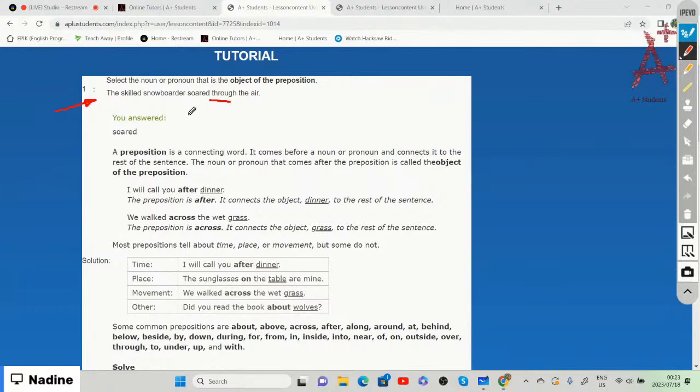And we said that usually the noun or pronoun comes after the preposition. And that noun or pronoun that comes after the preposition, we call that the object of the preposition. So if we were to select the object of the preposition, then we would say that the object is air, right?